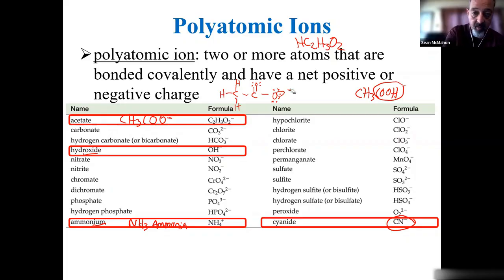And what we actually have is this electron actually came from a hydrogen. And we see right here that this oxygen, just like this one, has 2 bonds and 2 lone pairs. And what it does when I throw it in water, it steals that electron from the hydrogen, giving me the acetate ion and a proton.